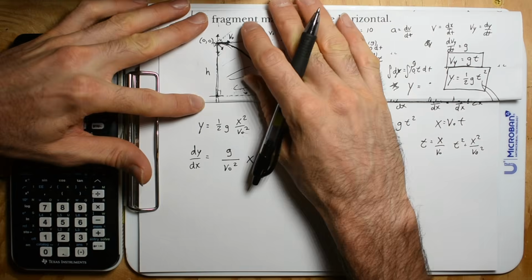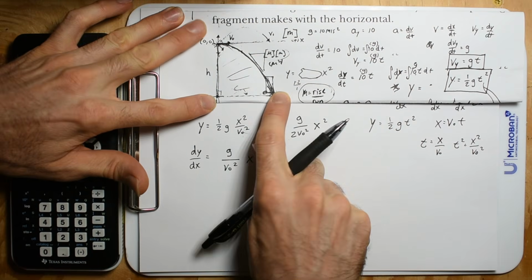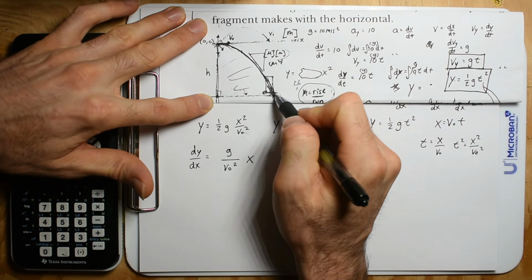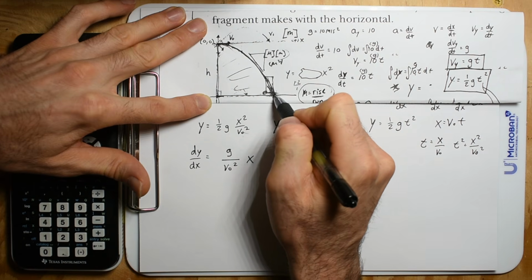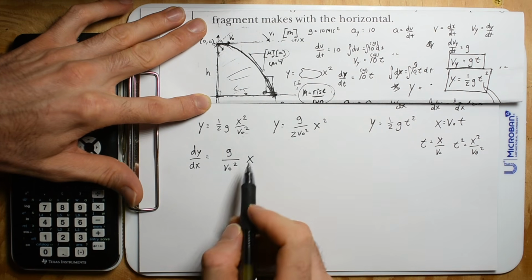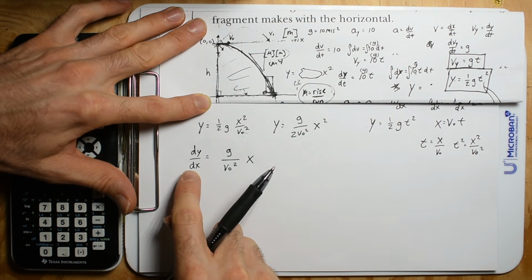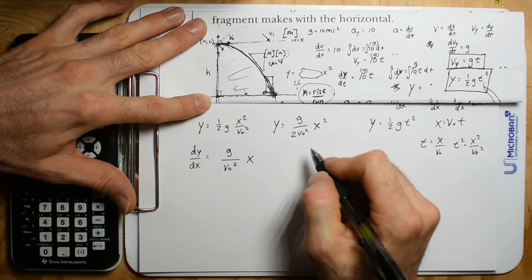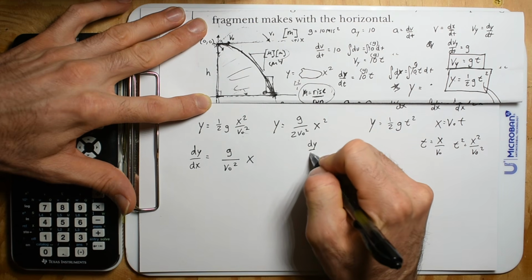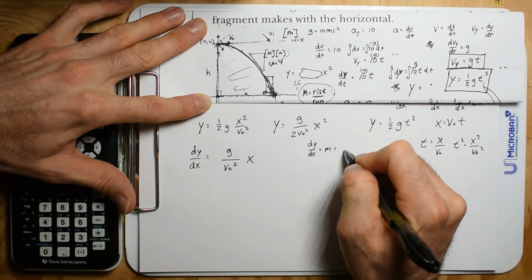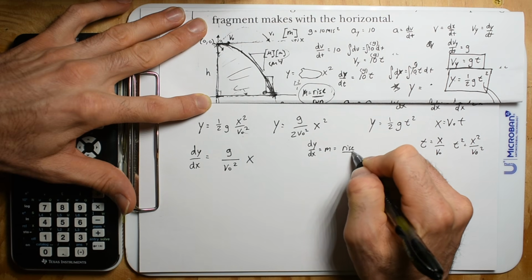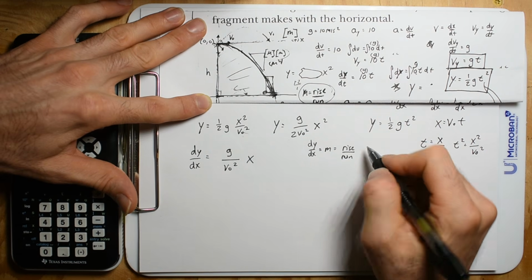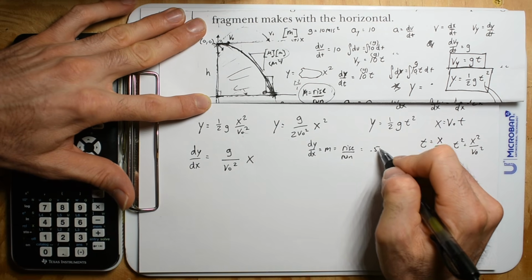And so now what we want to do is, when this hits the ground, we want to know what the slope is. The slope will give us rise over run. So dy dx will give us the slope, the rise divided by the run. Let's say it's just 0.5.